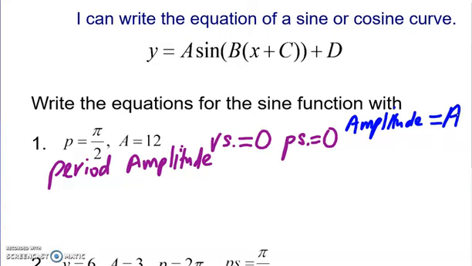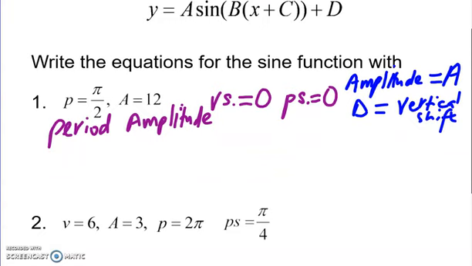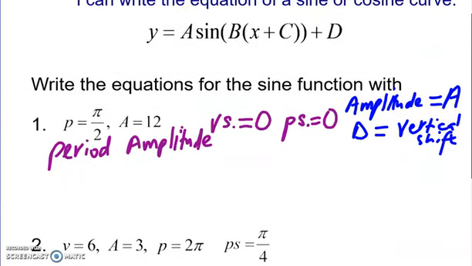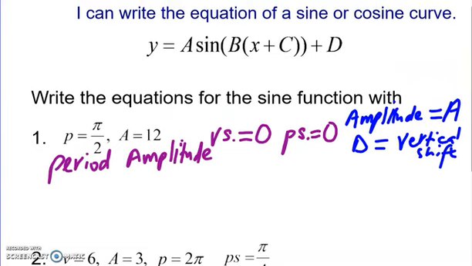Your d value is equal to whatever your vertical shift is. If you're shifting up 2 units, then your d value is positive 2. If you're shifting down 2 units, then your d value is negative 2. You'll just be given your vertical shift. Like you can see in problem 2 here, we're given positive 6 as our vertical shift. So that is what we'll write down.